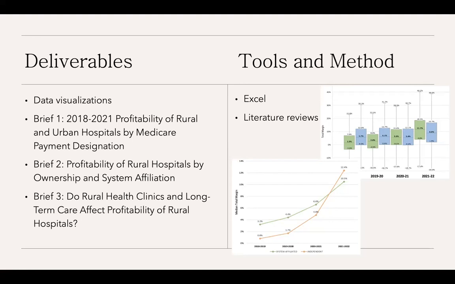The third brief is in progress. It deals with RHC and long-term care of rural hospitals. So the tool I used was, as I said, Excel. And for the write-ups, I read a lot of articles, and a lot of research and literature review went into that.